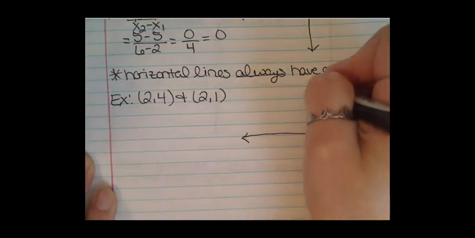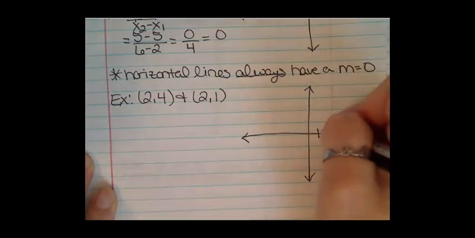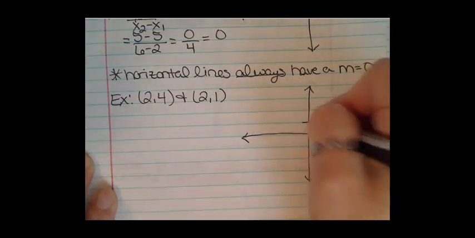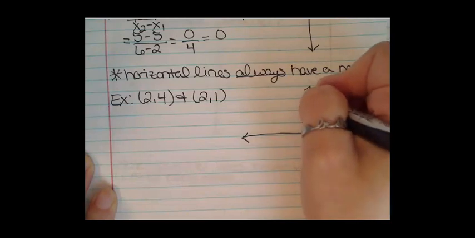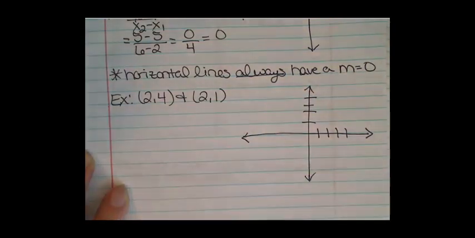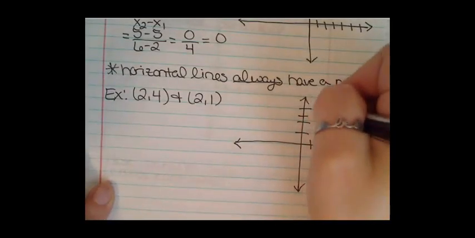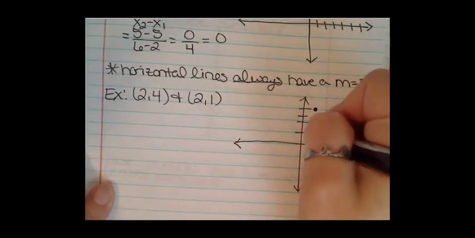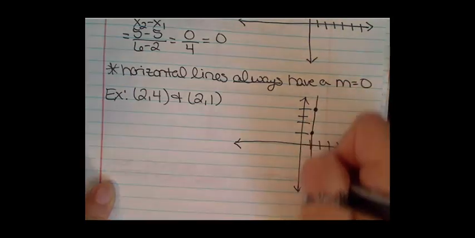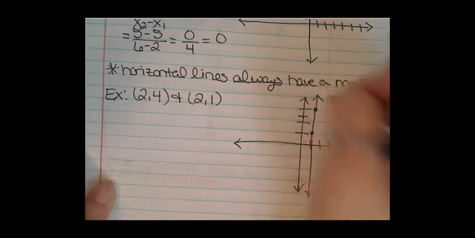Okay, so let's plot these points. We go 2 to 4 and 2 to 1. And it's not going to be a perfectly vertical line, but there's our line. Okay, what would you think the slope of that is?